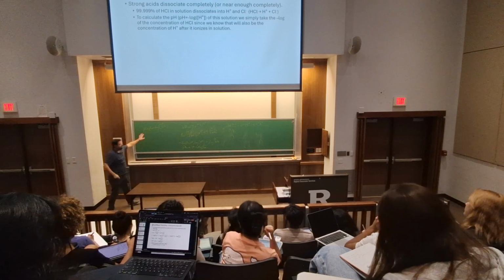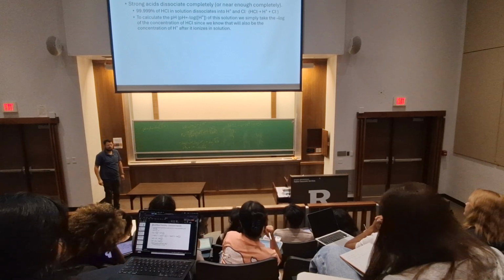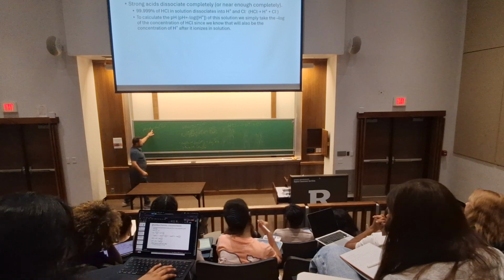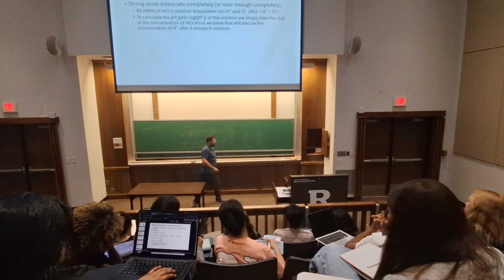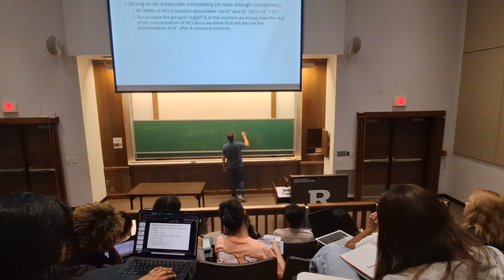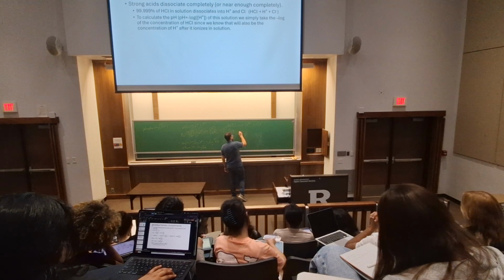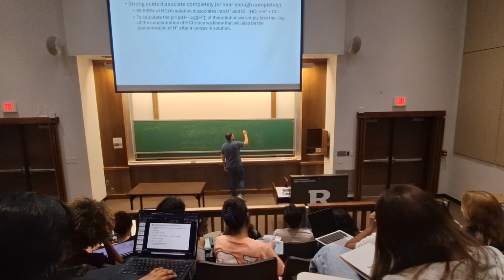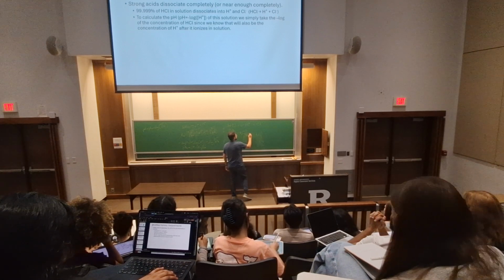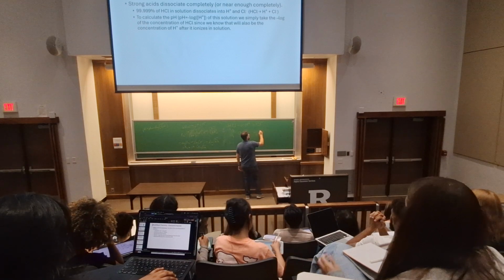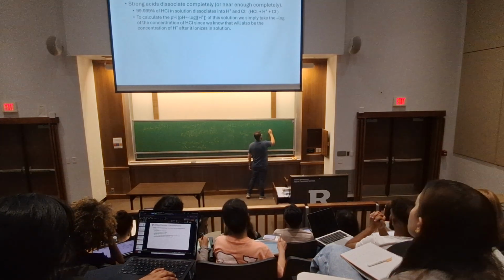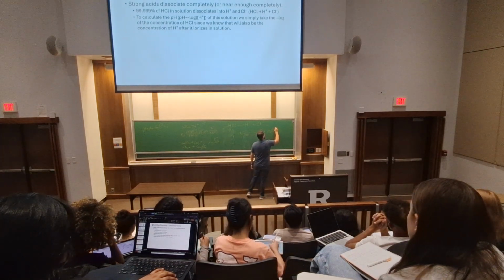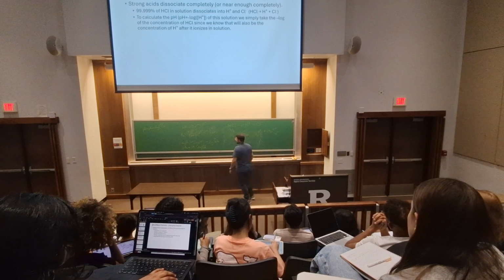And why did we go about doing all of this craziness? That's because pKa is actually a very useful thing to know. So again, if we go back to the acid dissociation constant of acetic acid, CH3COOH dissociates into H plus and CH3COO minus, acetate.